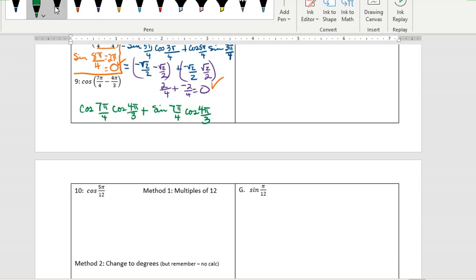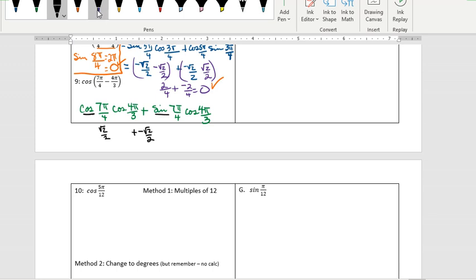And what I did in class today, and I'm just taking it this far, is that when I'm working on cosine of 7 pi over 4, I go ahead and get the values of cosine and sine. So 7 pi over 4 is in the fourth quadrant, and so this one is square root of 2 over 2 plus negative square root of 2 over 2.